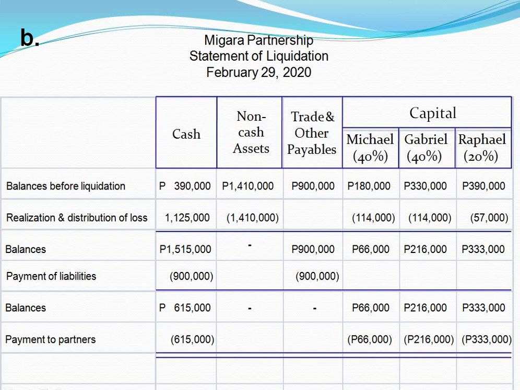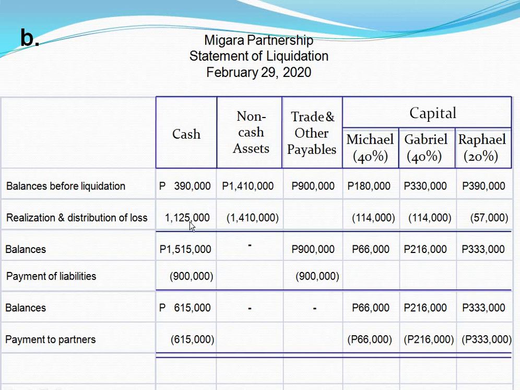Let's try that in this case B. Assuming these are the given, 390,000 capital balance before liquidation of Rafael, his 20% share in profit and loss ratio, this 333,000 payment to Rafael as his final settlement, and this 1,410,000 carrying amount of the non-cash assets sold.